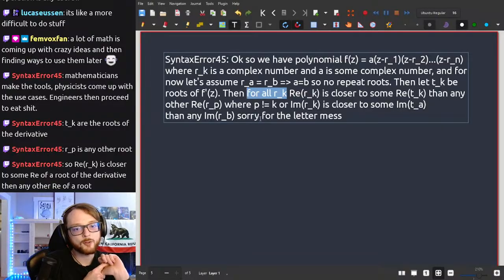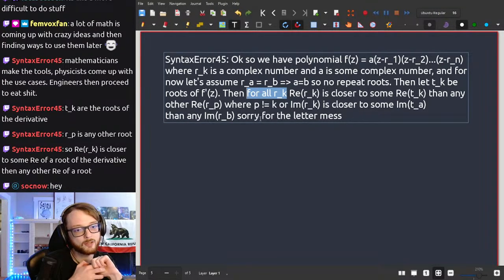I mean, I bet you could name a polynomial where there's a tie basically.